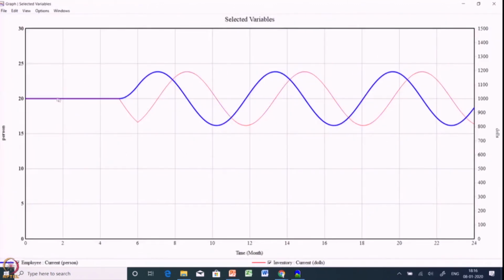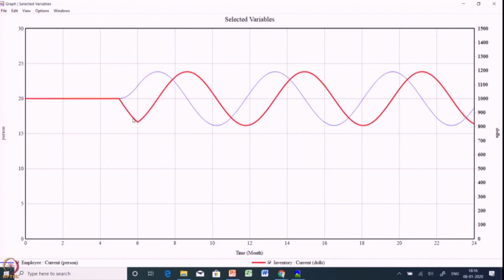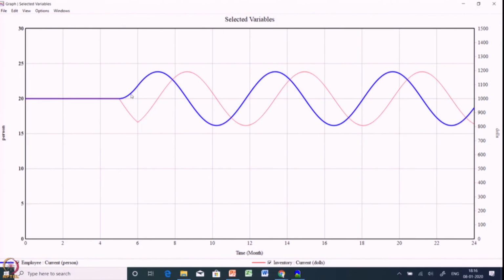Until week 5 the system is in stable equilibrium, but actually it is an unstable equilibrium: as soon as an external force or small perturbation was applied, you can see that immediately the inventory level fell down a bit and then slowly started to recover. Because inventory fell, new people were hired, they started producing more, and the inventory overshot its target of 1000.